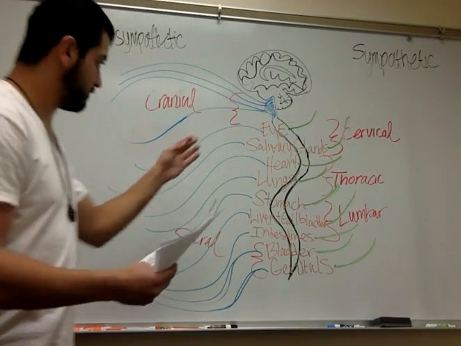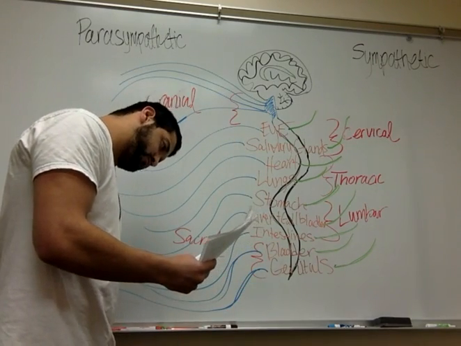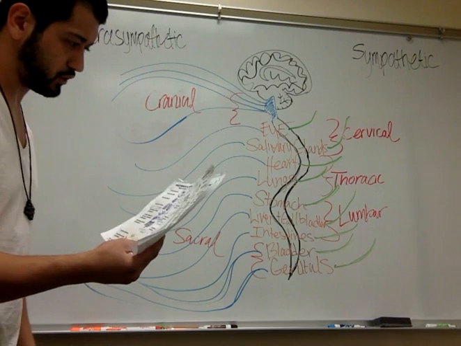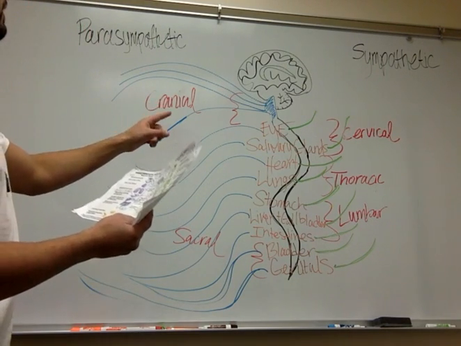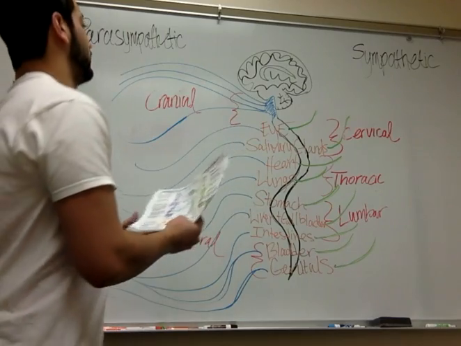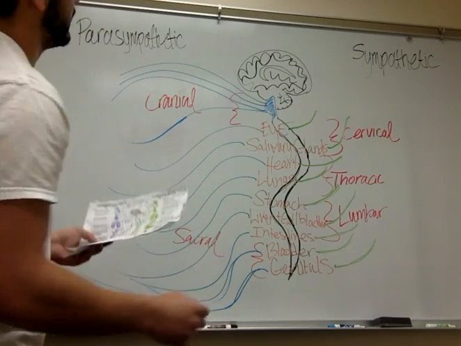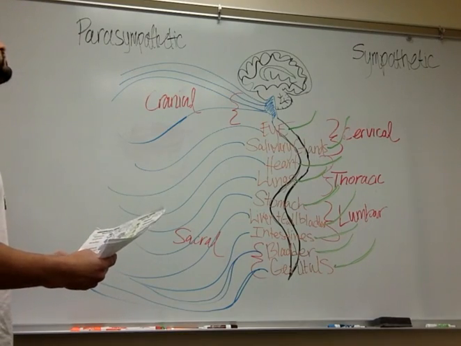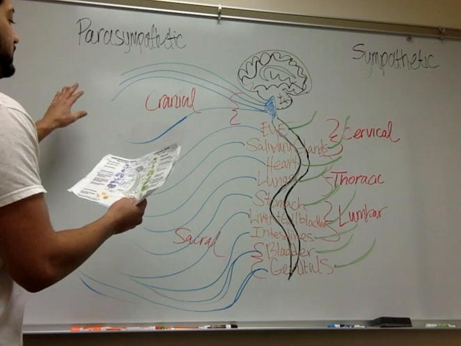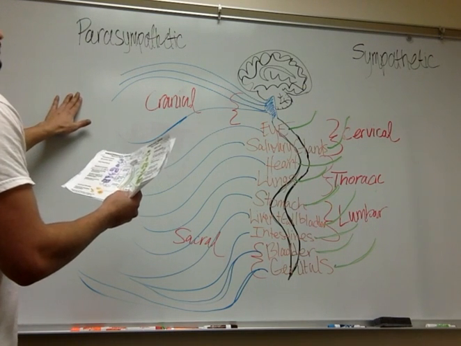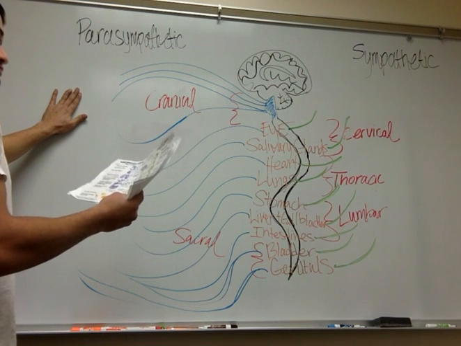Now, we have a lot of affected organs illustrated in the middle of this region, and a couple of good ones we should really go over are these illustrated. We have the eyes, and the two divisions affect each organ respectively, yet differently. We have to understand that in the eye, in the parasympathetic, since this is rest and digest, we're going to really rest and digest with a lot of things, and that's going to be the central theme.